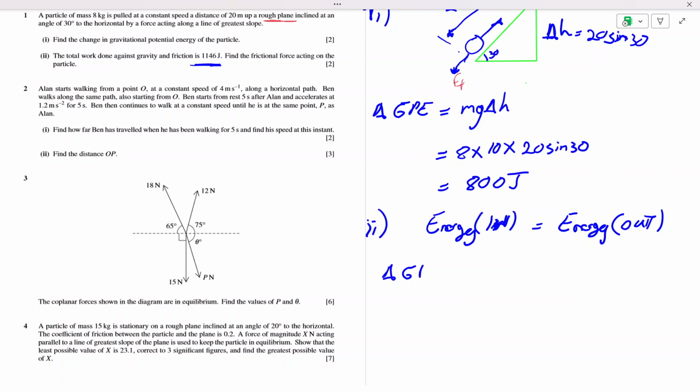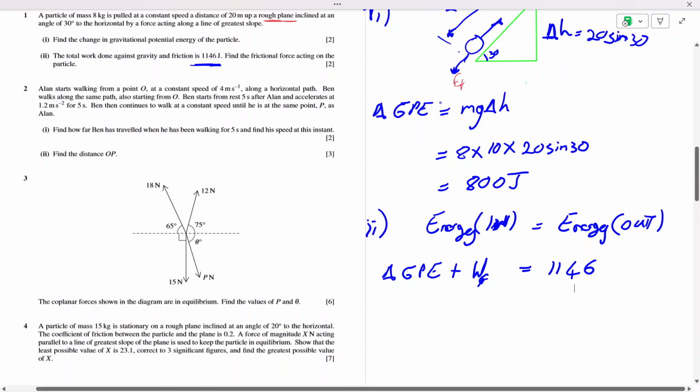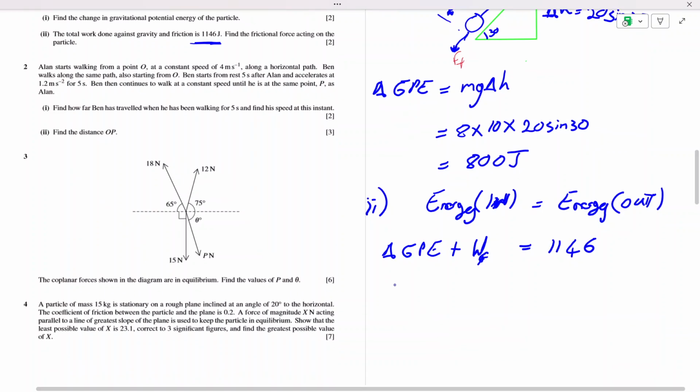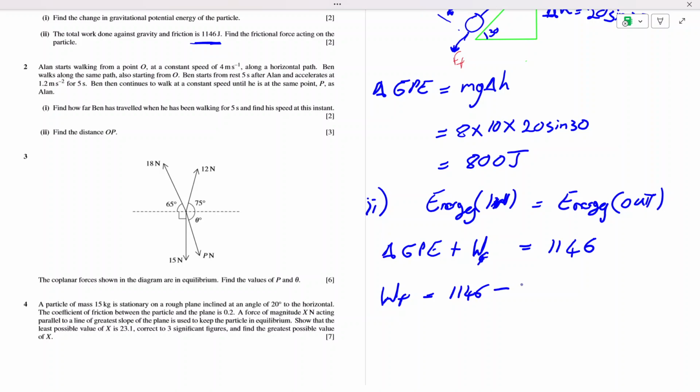So we know that GPE plus the work done against friction, I'm just going to put the subscript F for friction, is equal to 1146. That is the energy out. And we know what GPE is. So we just simply substitute and we work out what the value of WF is, work done against friction. WF is going to be equal to 1146 joules minus delta GPE.